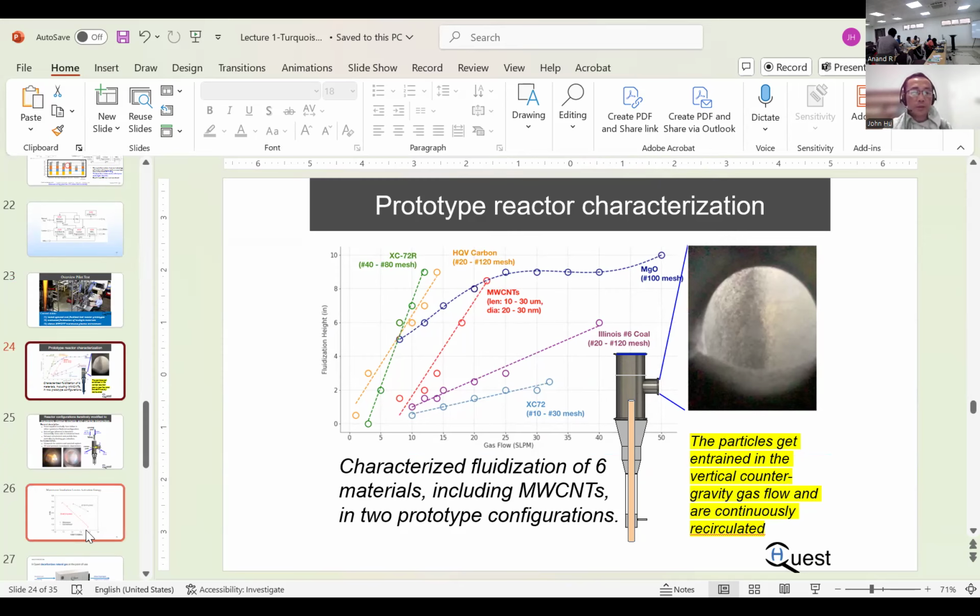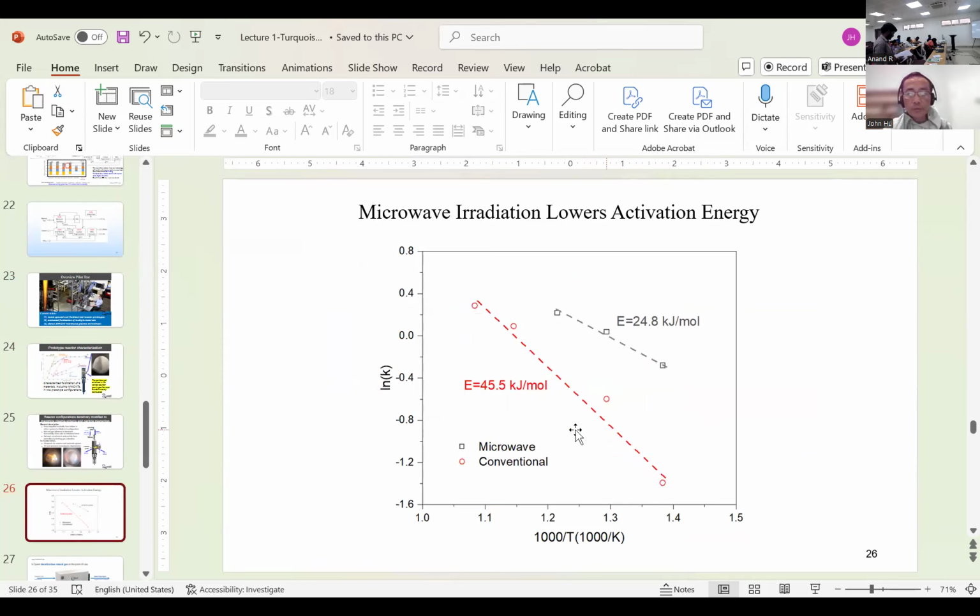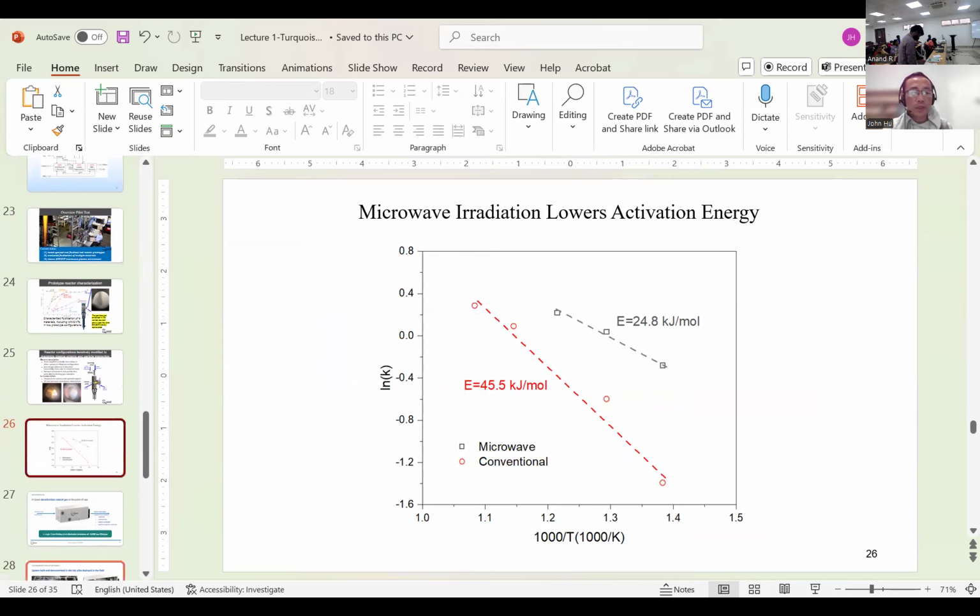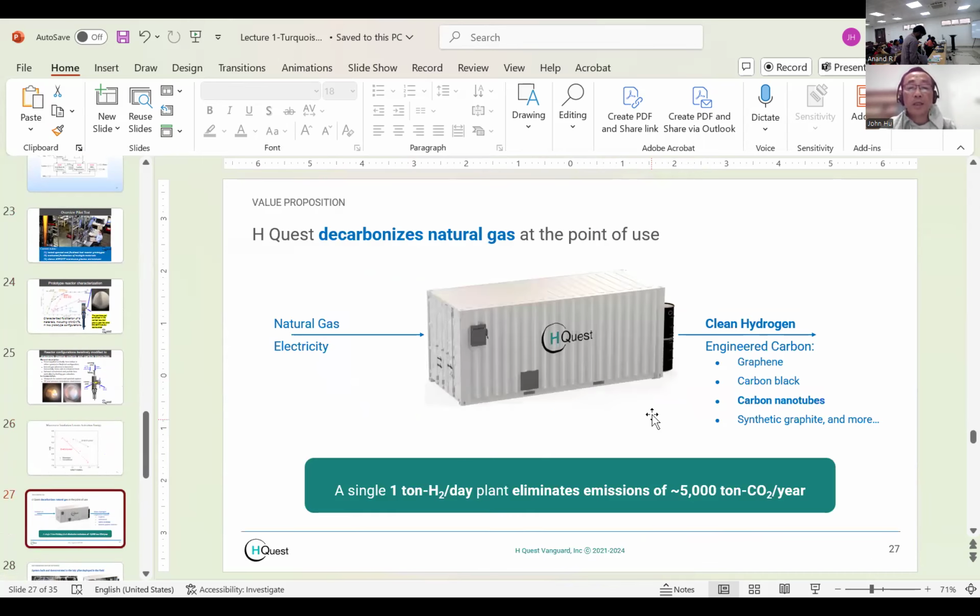Okay, so then I showed you this already. Activation energy. So this is the size of the reactor. Remember I mentioned it's modular, all right? Modular, we produce clean hydrogen, and then we put it in a container. You probably see this container everywhere around the world.